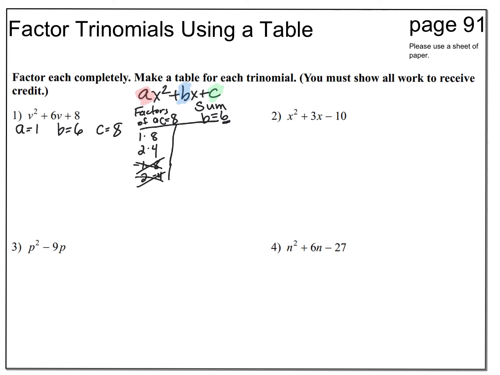Although negative 1 times negative 8 does give me positive 8, I won't need those because I need a positive sum. 1 plus 8 is 9, and 2 plus 4 is 6. This first chart will fill out completely like that. The next one we won't. We'll talk about what I expect to see on your paper.